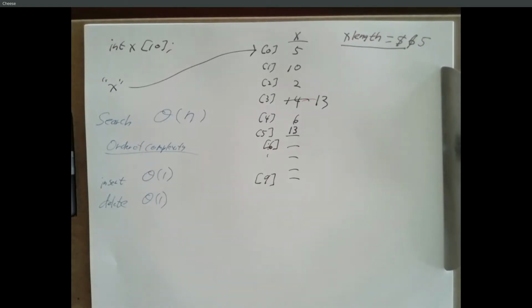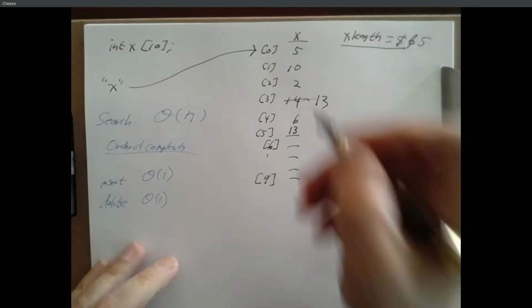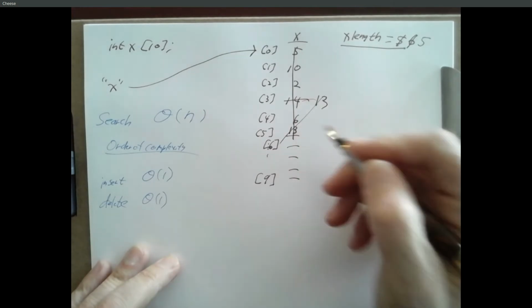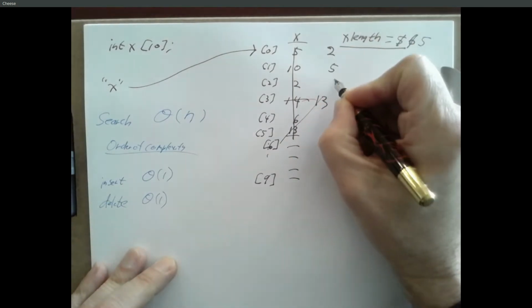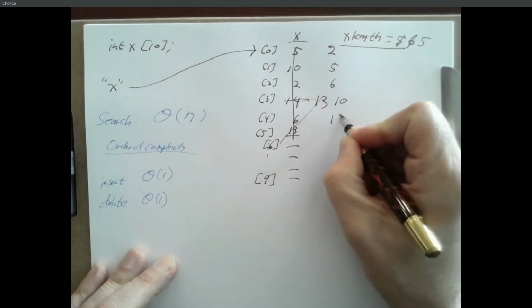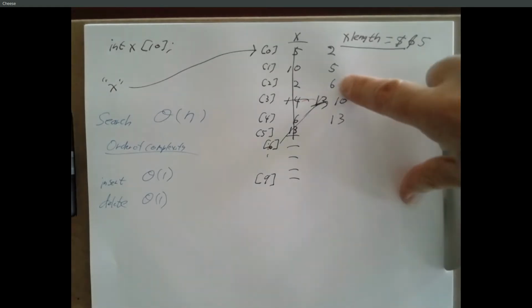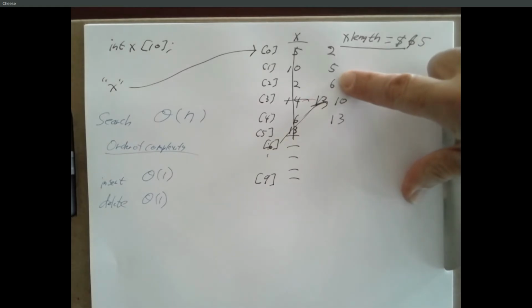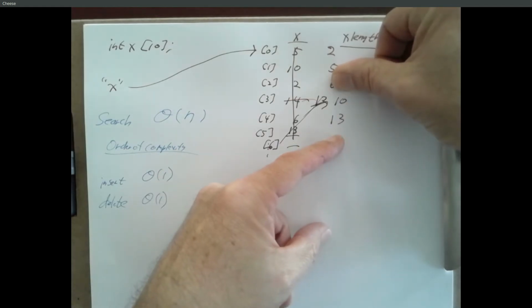So here's what we basically do. Let me miraculously sort our list of numbers. So here's a 2, 5, 6, 10, and 13. You're looking for the number 10. Start right in the middle of your array. Look at the 6. If the 6 is too small, we know that your number can only be in the upper half of the array.